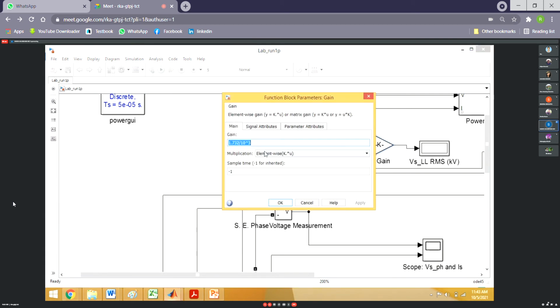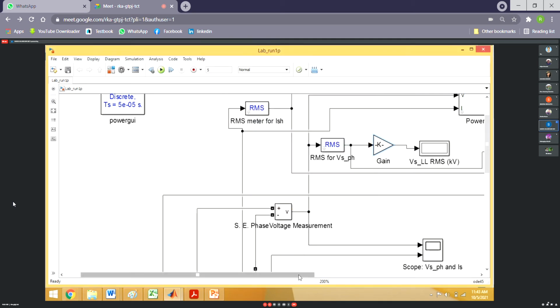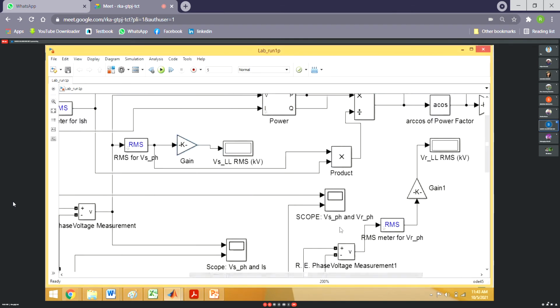That's why I have multiplied it by √3 and divided it by 10 to the power 3, so that I can directly get the voltage in kV, because it will be more noticeable, because it is a 400 kV transmission line. If the difference is in kV, it will be more observable. We can understand the thing better. So in that way, we can measure the sending end voltage, phase voltages, and receiving end phase voltages also.